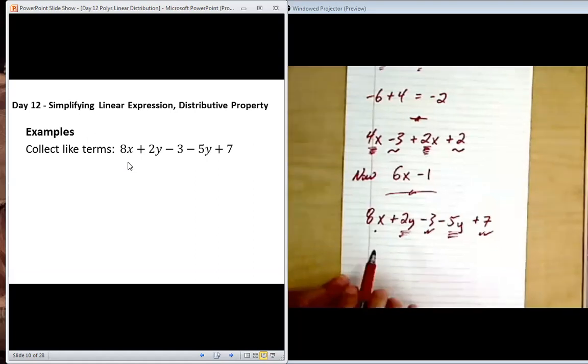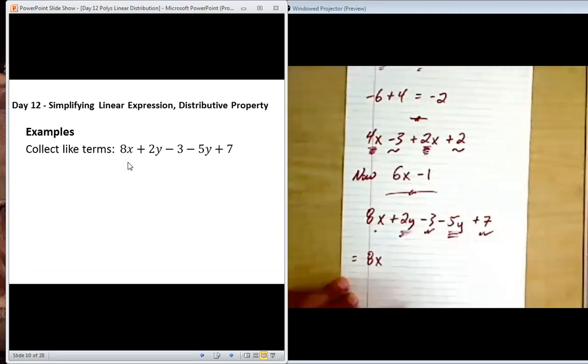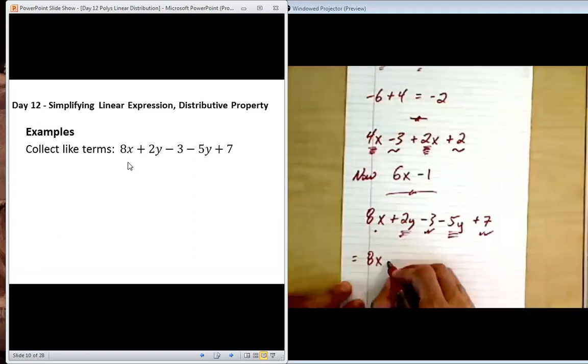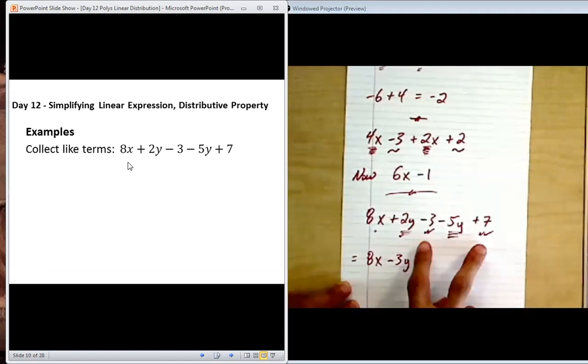Okay. So looking at the x's, what do we got? 8x only. That goes like this. What about our y's now? Minus 3 is correct. Yeah. Minus 3 along with the y that's there. And for the last part, see?